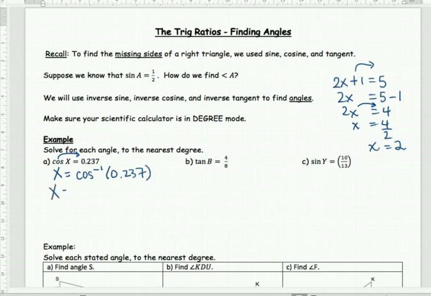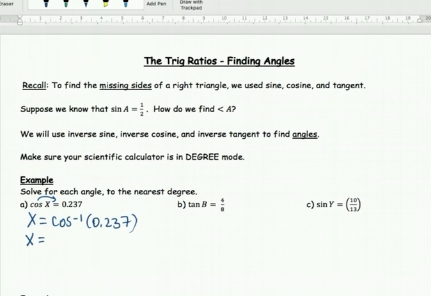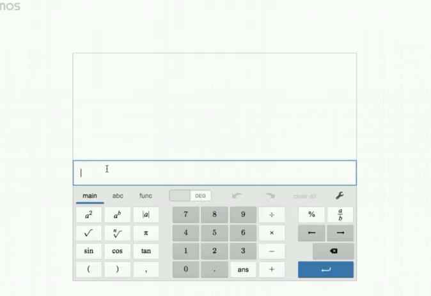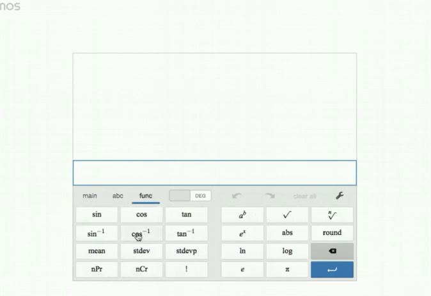Okay, and that's how you're going to solve for x. You're going to take the inverse cosine of 0.237. So let's do that on our calculator now. We need to take the inverse cosine, and it was 0.237.